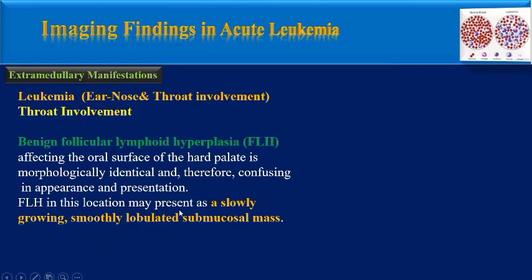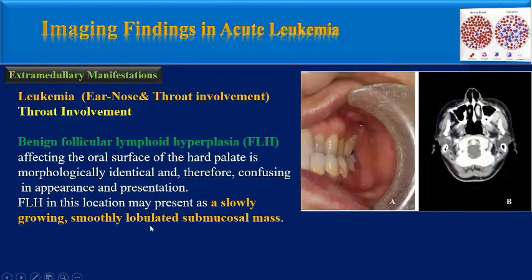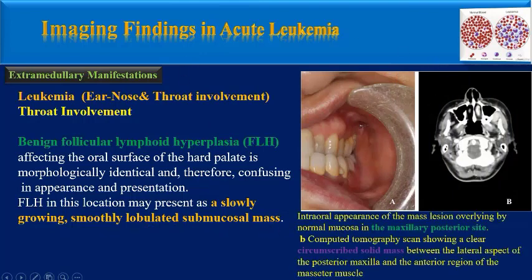FLH in this location may present as a slowly growing, smoothly lobulated submucosal mass. Like this case, the intraoral appearance shows a mass lesion overlaid by normal mucosa on the maxillary posterior side.